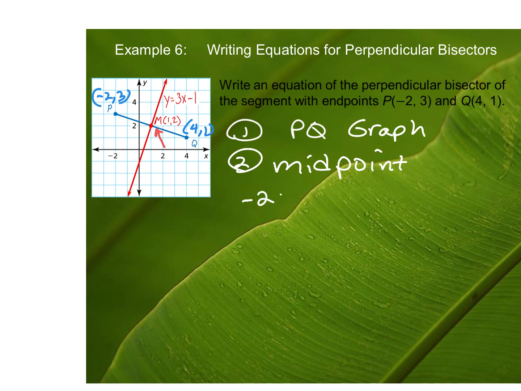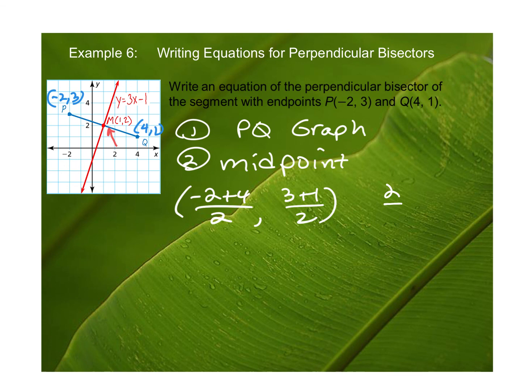So -2 plus 4 divided by 2, and 3 plus 1 divided by 2. So this will give me 2 over 2, and then 4 over 2. I can now simplify this, and my midpoint is equal to the ordered pair (1, 2), which I already saw was already there, the point of intersection.